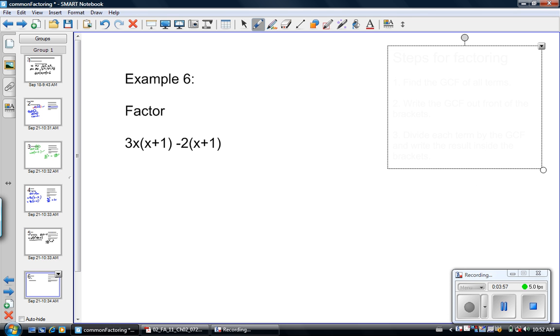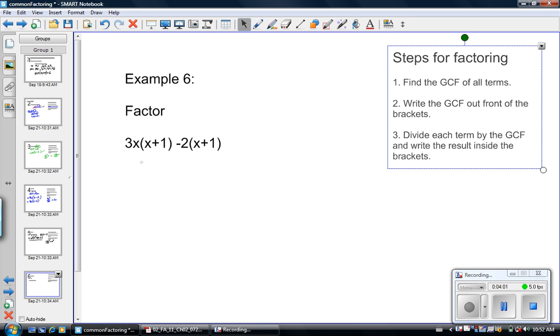Now looking at our last example, as usual we have our 3 steps. The difference here is that it looks like it's almost factored. It looks like there's a factored expression here, and a factored expression here. But it's asking us to factor this whole thing.